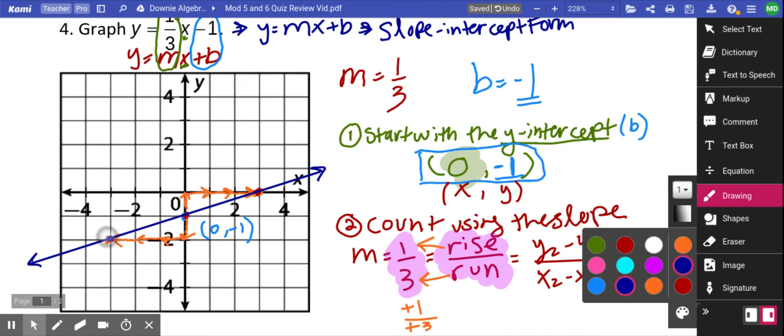So I have 3 points on my line. And I've connected them with a straight line with arrows on the ends. And this is how we graph y equals 1/3 x minus 1.